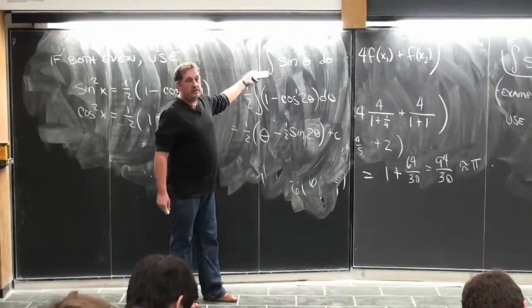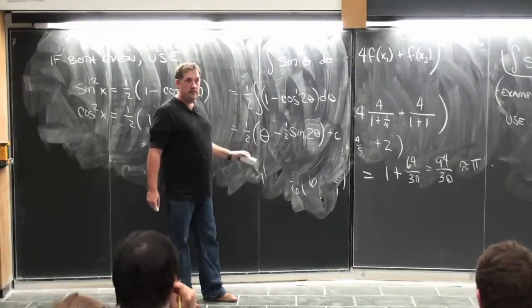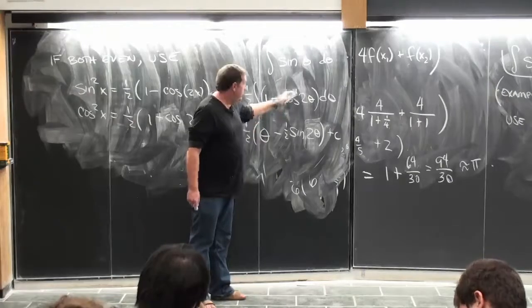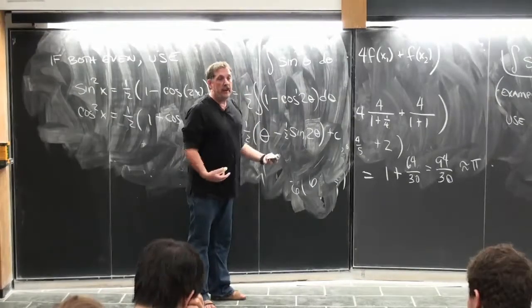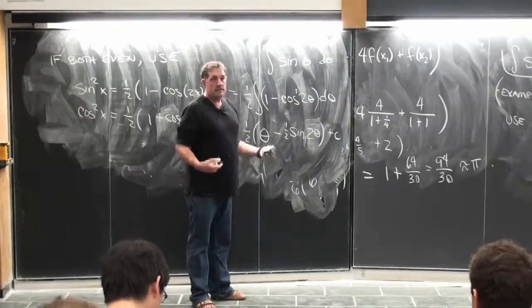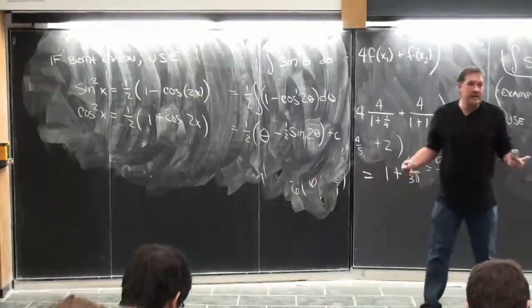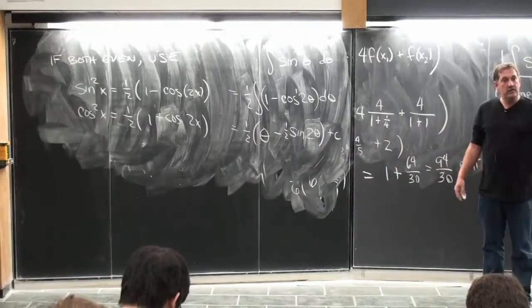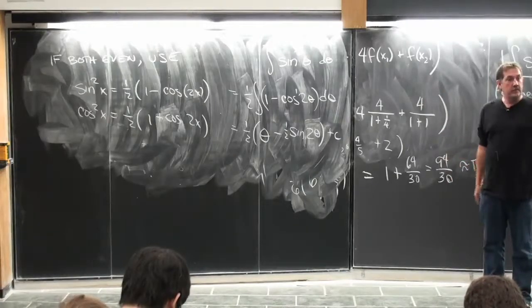So that became easy, because I changed the power from a 2 to a 1. If I had sine to the 4th, I would have to do this trick twice. Right? A sine to the 4th would become this thing squared. Square it out, do it again. So these quickly get annoying, like if you have sine to the 16th, it takes a long time to get down to something normal. But you can keep cutting the powers in half until one becomes odd.